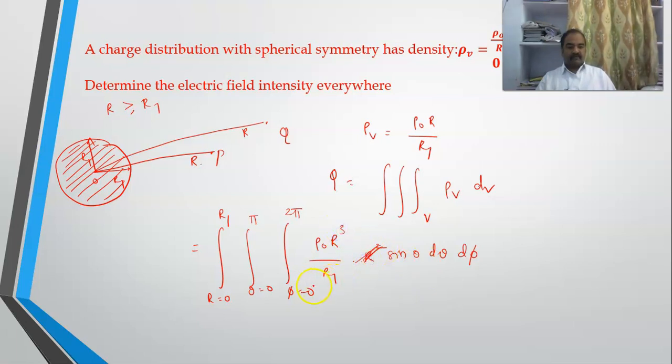So now first what I will do, I will do it with phi first, and next I will do it with theta, and next I will do it with r. So when I do it with phi, there is nothing with phi here, so it is just a constant.